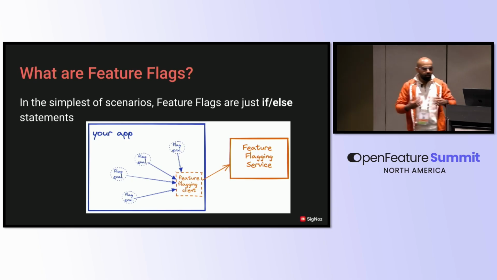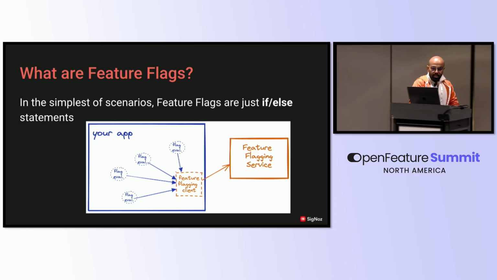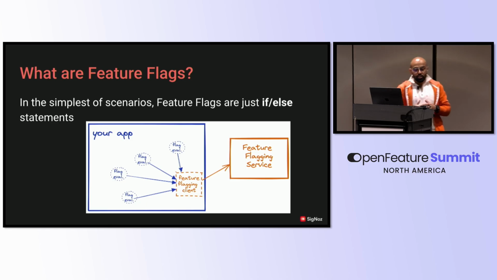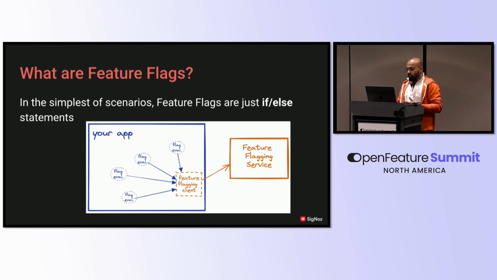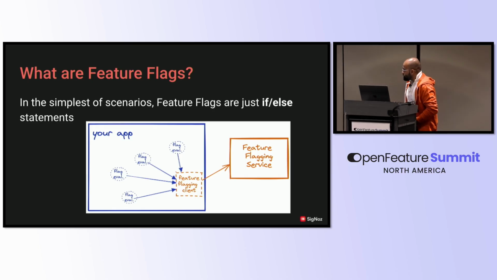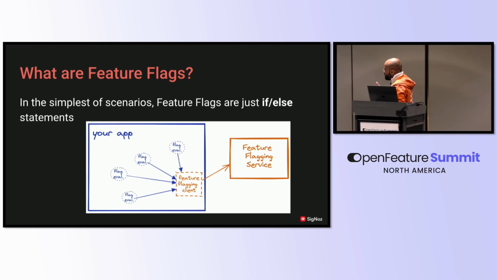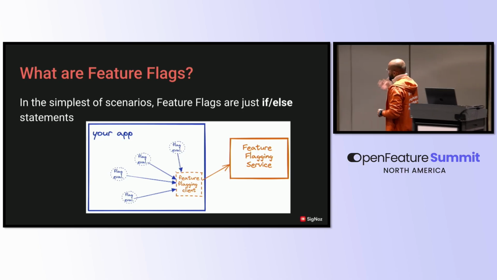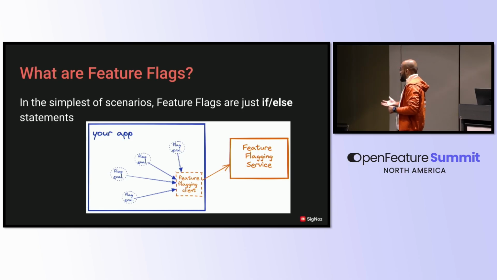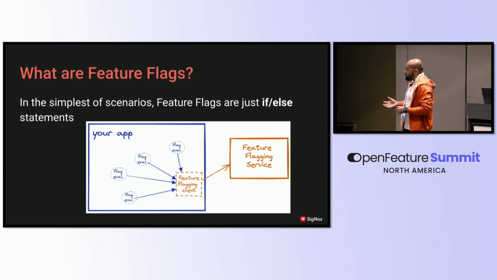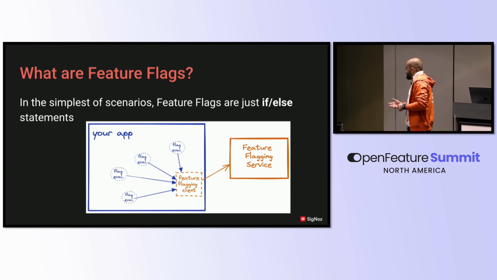When we go into an application, we see that we have a bunch of functions, a bunch of methods which talk to a feature flag client to evaluate the value of that feature flag. The feature flag client will go to a feature flag service, and then it will probably check if the flag is set to true or false, or there might be n number of other values associated with the feature flag.